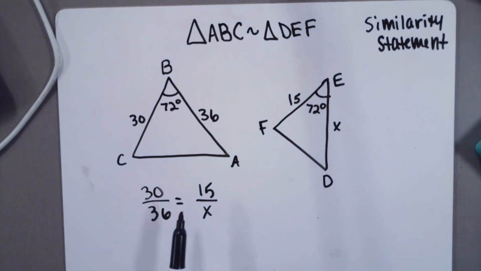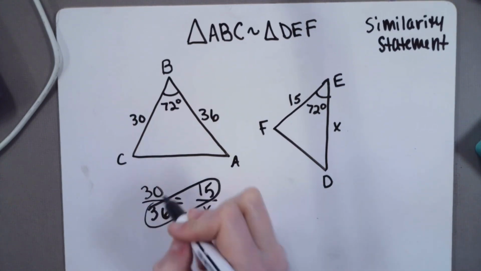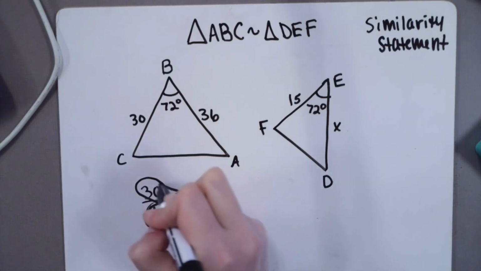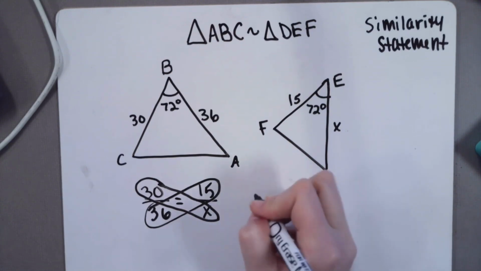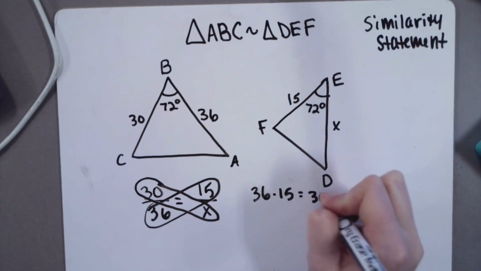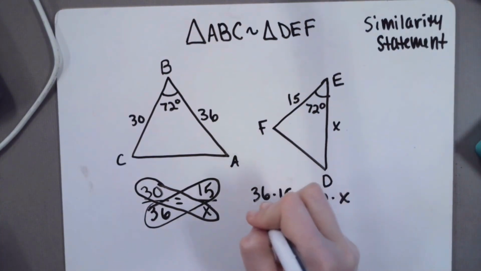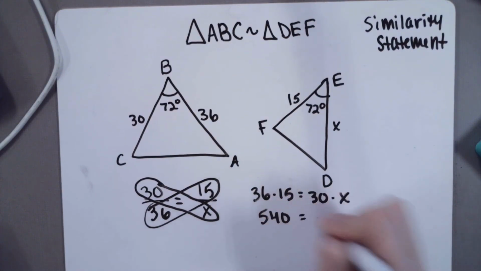Now you could probably solve this without doing cross multiplication, but I'm going to show that method just as an example. So when you have a proportion, you can solve using cross multiplication, which means you multiply the numbers that are diagonally across from each other, and then set those products equal. So I would have 36 times 15 is equal to 30 times x. 36 times 15 is 540, and we've got 30x.